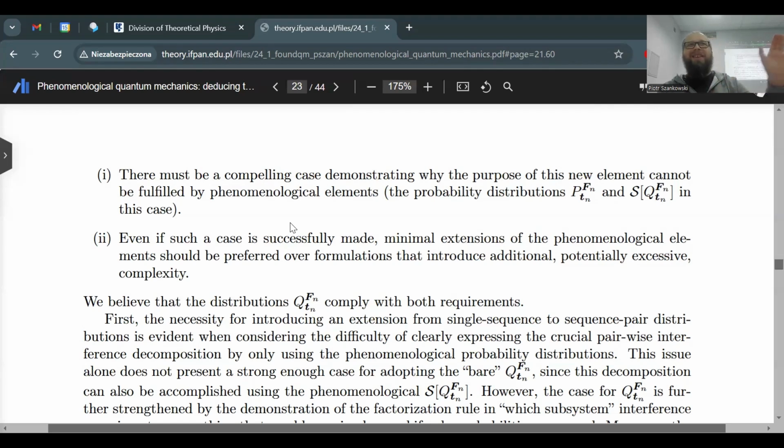Because we could solve a lot of problems by introducing 10 layers of abstraction with some quantum states and whatever, but maybe those things, even if they simplify stuff and expose some structures, are just too complicated, in the sense that you could get rid of them, go a couple of levels lower in your hierarchy of abstraction, and still get the same simplicity, the same structure exposed, but without this excess, extravagant complexity.